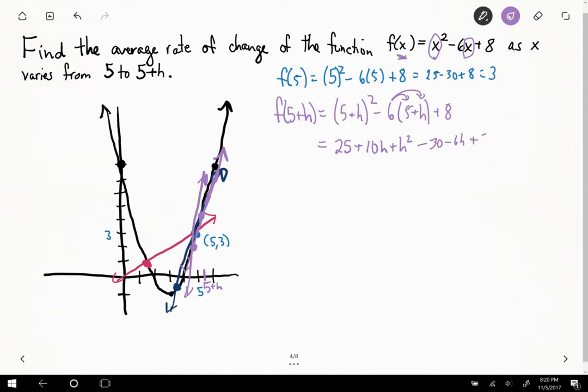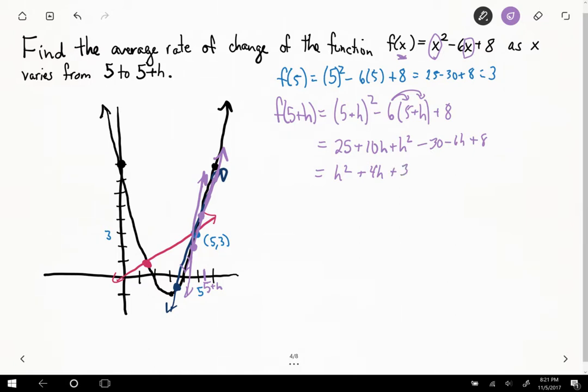And then plus 8. So 25 minus 30 plus 8 we already talked about. That's going to be a positive 3 at the end. And we'll have an h squared right in the front. 10h and minus 6h should make plus 4h. And so then we have plus 3.